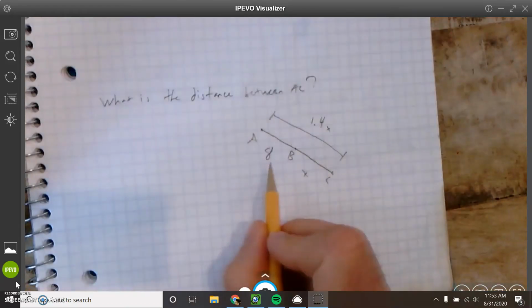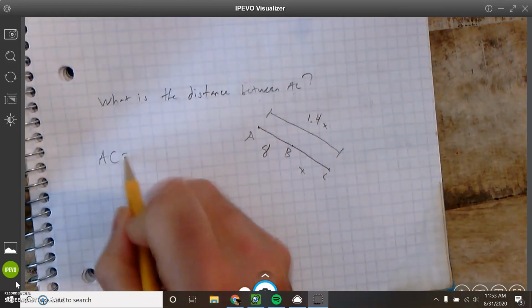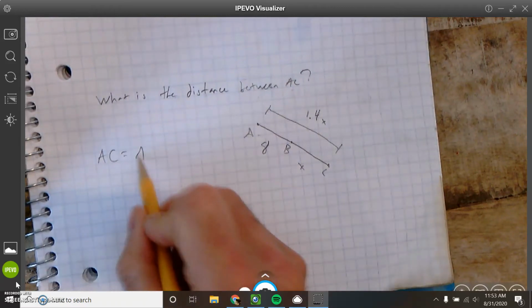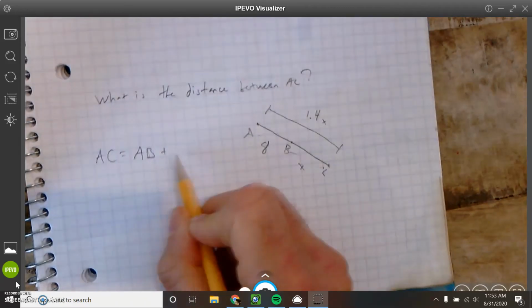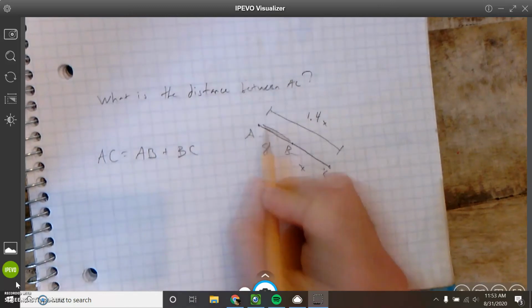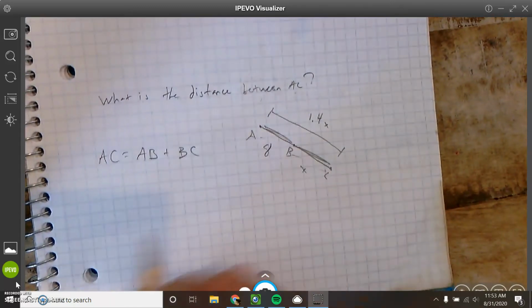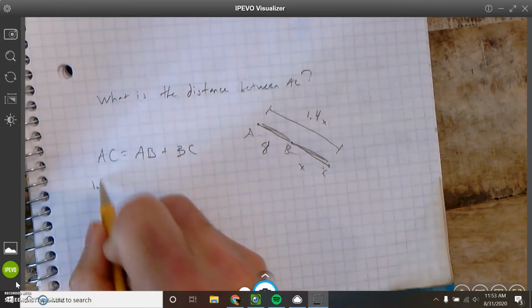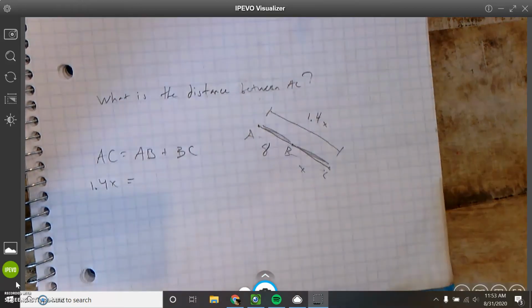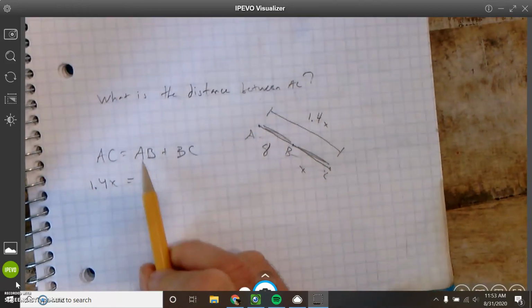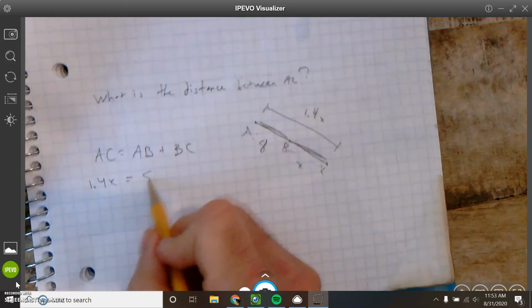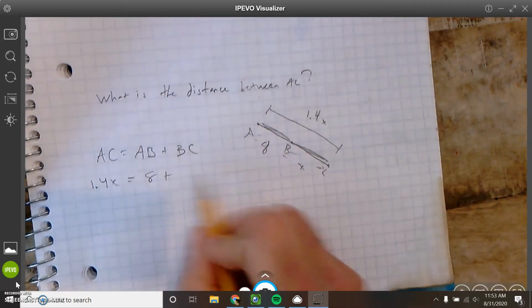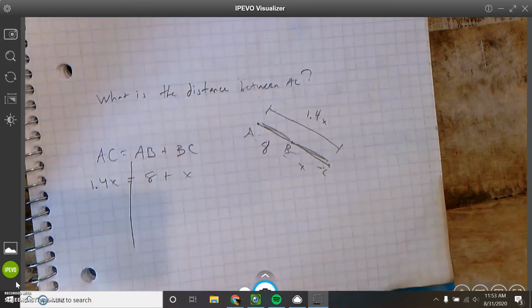All right, let's see. So this would be AC equals AB plus BC. Like these two small parts make up the bigger part. And so that would be 1.4x equals AB, which is 8, plus BC, which is x. Whoop.